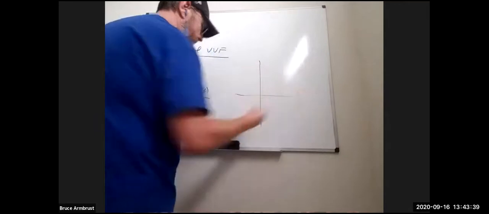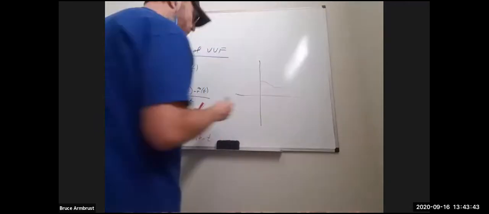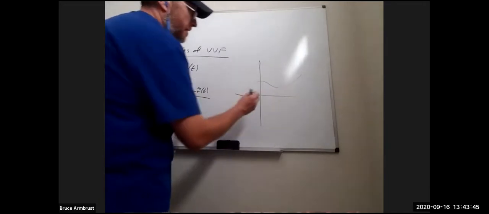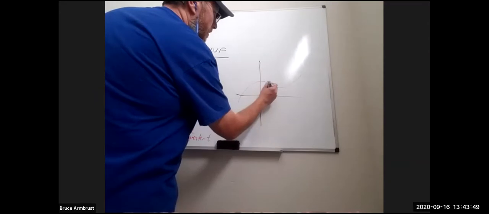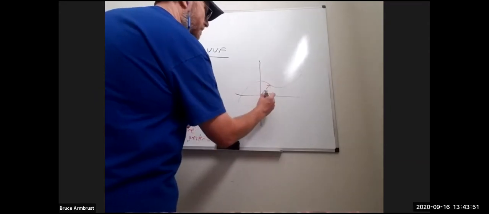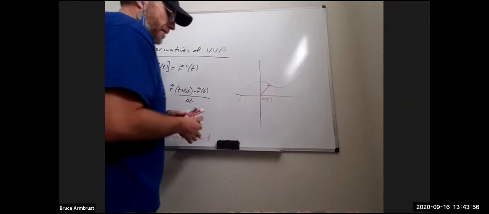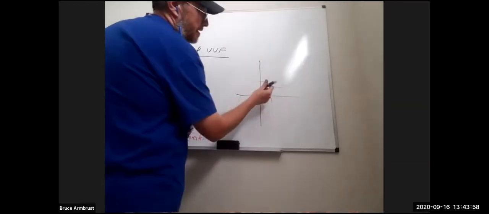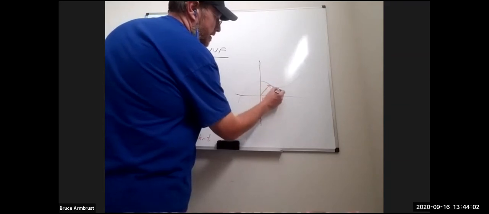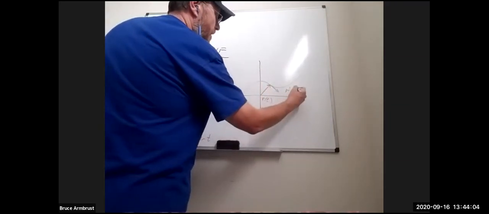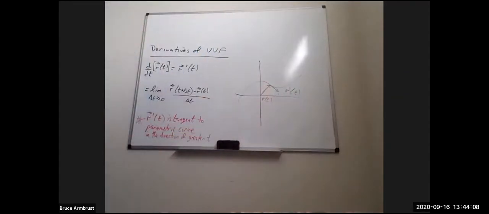So here are axes, here's a parametric graph, here's our R. Let me put on the R prime.